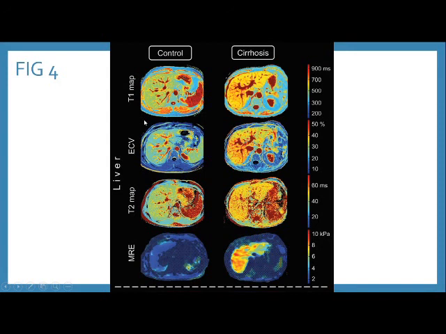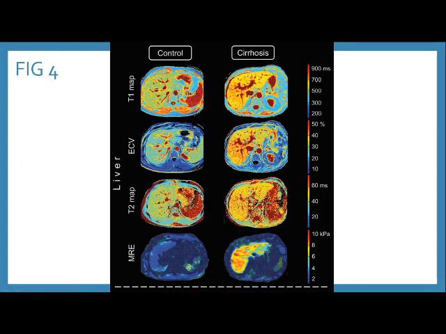This is multiparametric hepatic and cardiac MRI parameters. The quantitative maps are given for hepatic and cardiac T1 relaxation times up here. You can see that there is a difference in the mapping, also in the ECV, which is the extracellular volume. Then if you go down to the T2 relaxation time, you can also see that the map is significantly altered.